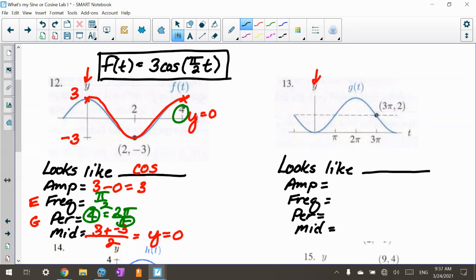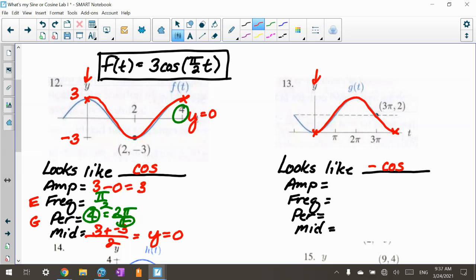It's kind of cool. All right, let's look at the second one. I've got it all set up, and I'm looking at my y-axis, so I'm going to see where my graph started. I'm going to follow it all the way through. This makes it nice. And I see that it's not starting in the middle or at my midline, so that takes sine and negative sine right out of the equation. So it's starting low, so this looks like negative cosine.